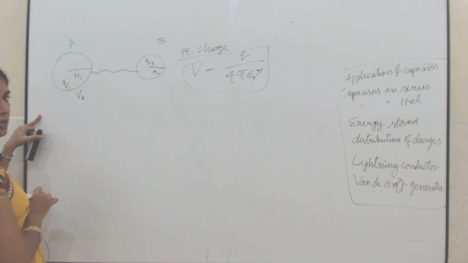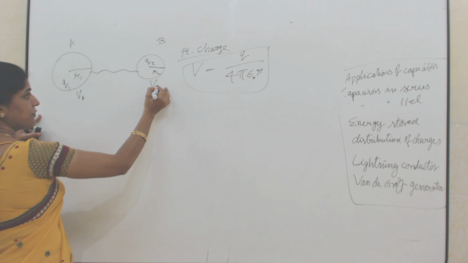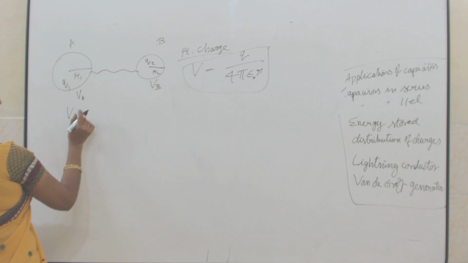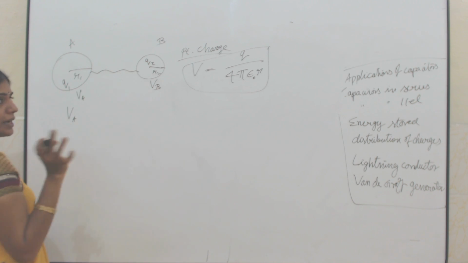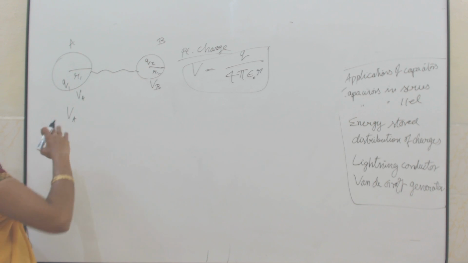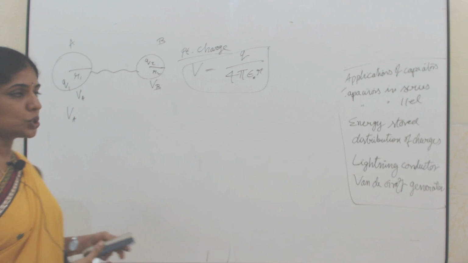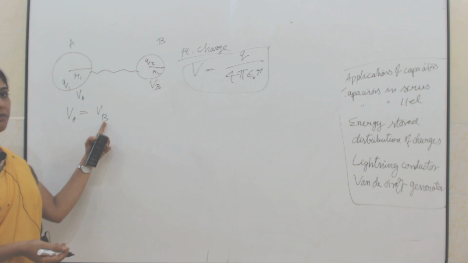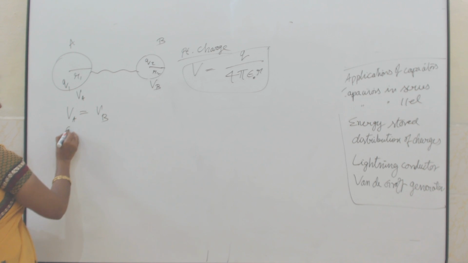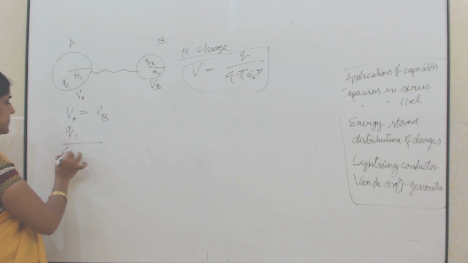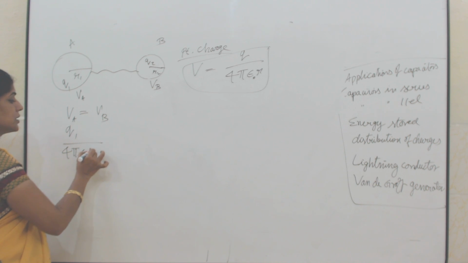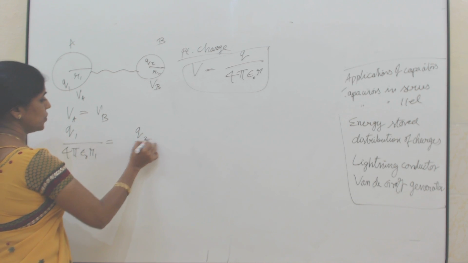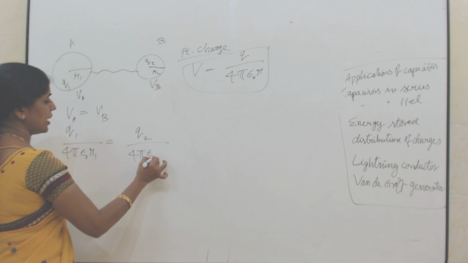Let VA be the potential developed due to sphere A and let VB be the potential developed due to sphere B. Since these two spheres are connected by a conducting wire, the potential at these two spheres will be the same. So I can equate VA equal to VB. Now you substitute VA and VB by this formula. I can write VA as Q1 by 4 pi epsilon naught R1 equal to VB equal to Q2 by 4 pi epsilon naught R2.